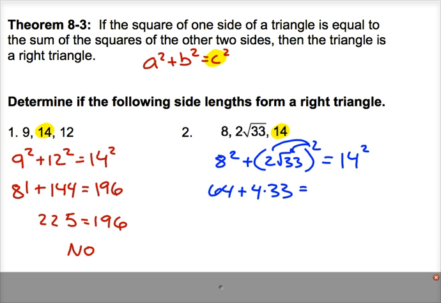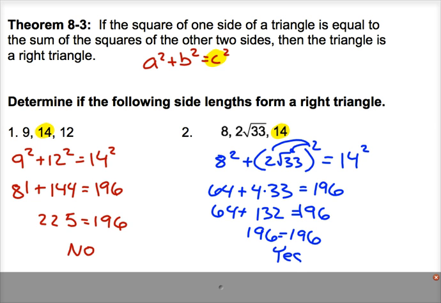And 14 squared I know is 196 because we just did that in the last problem. And 64 plus 4 times 33, which is 132. Add 64 and 132. And look at that, the Pythagorean theorem works. So that means that yes, this has to be a right triangle.